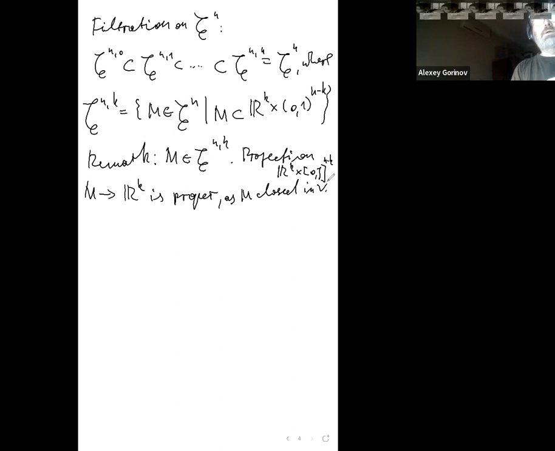And the projection from the product R^k cross the closed interval to R^k is proper, M is closed, and so the restriction of the projection is again proper.